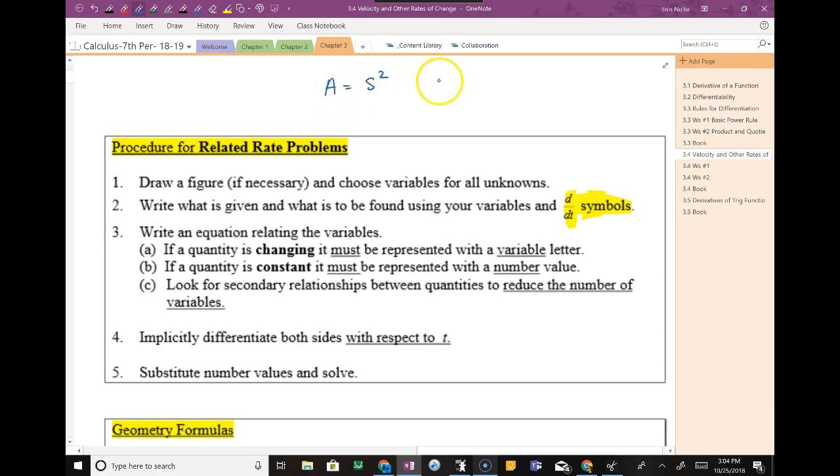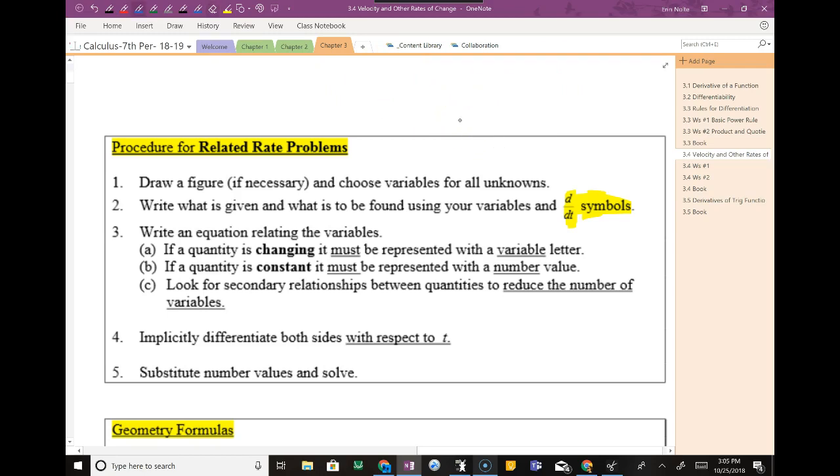When I derive A, it becomes dA/dt. When I derive s squared, what is the derivative of s squared? 2s, so I do my basic ds/dt. So every time I derive any variable, I have that letter over dt. Do you see what I'm saying by that? It'll get pounded into your brain because we'll do it enough times.